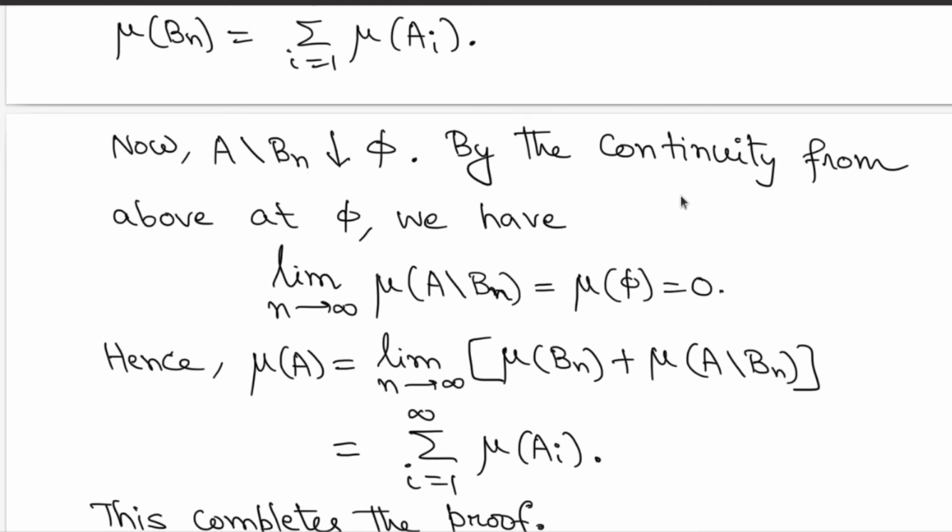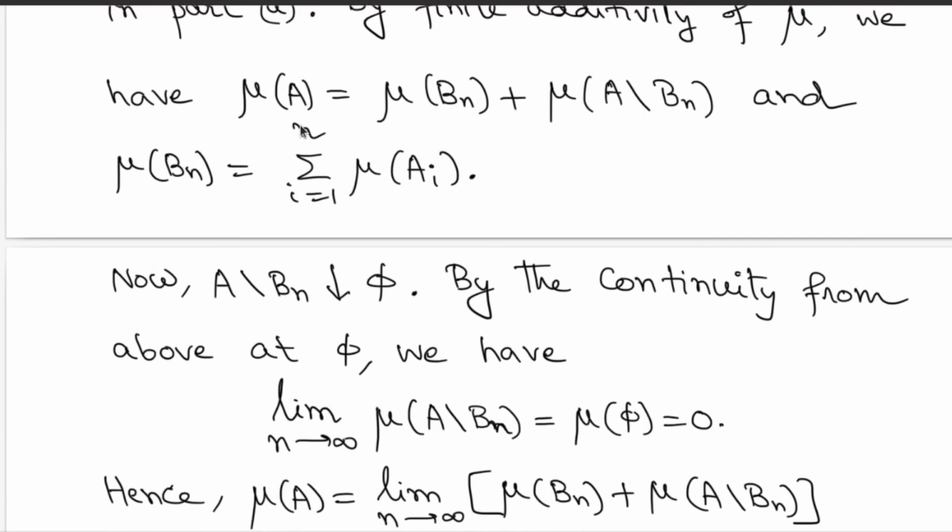Now look at the original result that we obtained from finite additivity. This was mu of A is the addition of these two terms. Now you have proved that on the right hand side, the second term, mu of A minus Bn, has a limit which is 0. But note that the left hand side is independent of n.